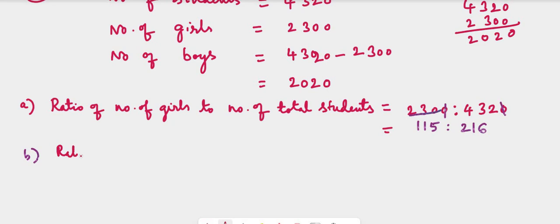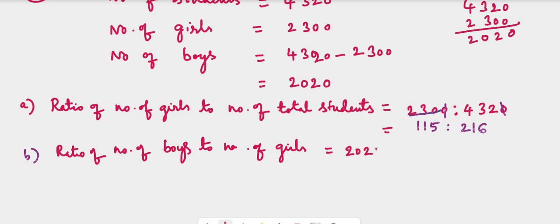Ratio of number of boys to number of girls is equal number of boys 2020 is to girls 2300.